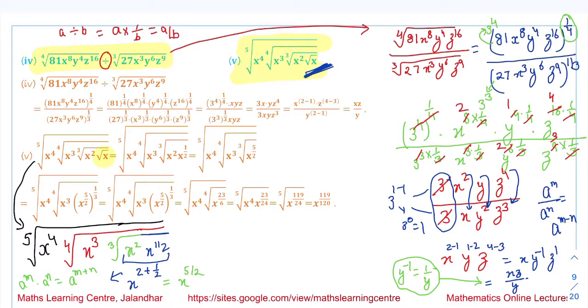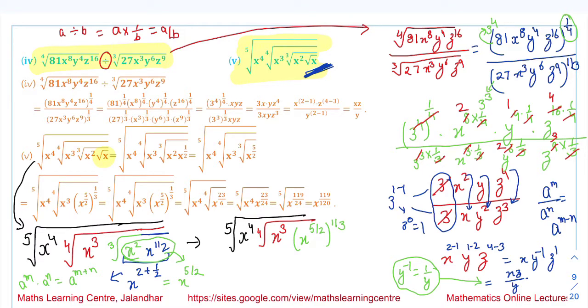This whole value will become x raised to the power 5 by 2, and now we are having the cube root of this term. So our answer will now be the fifth power of x raised to the power 4, then the fourth power of x raised to the power 3, and inside the bracket it is x raised to the power 5 by 2, and it is the cube root of this. So cube root of this means its power is 1 by 3.